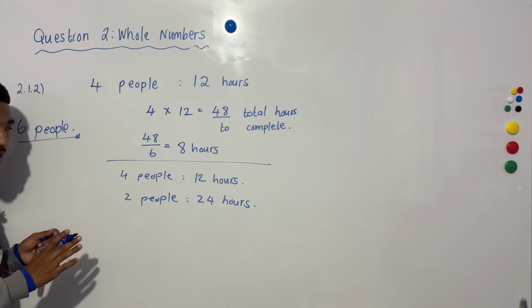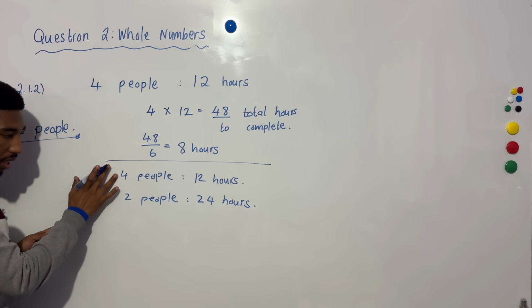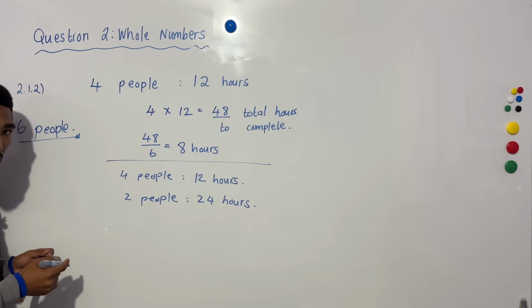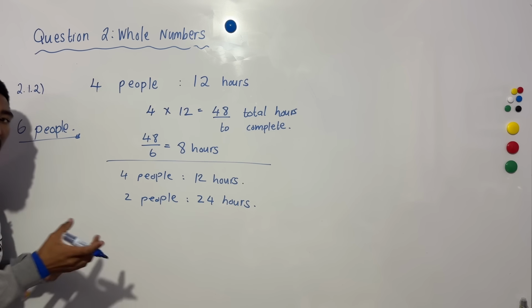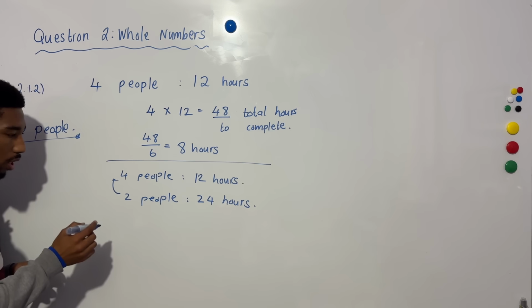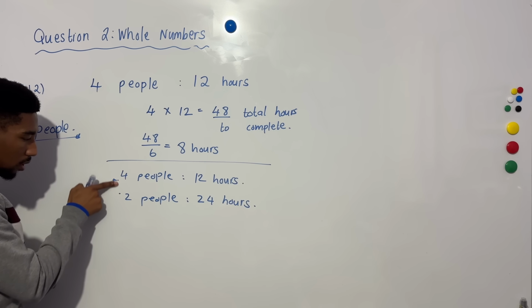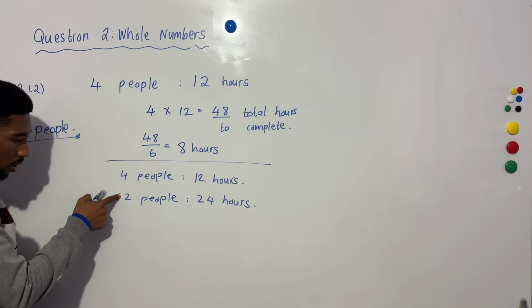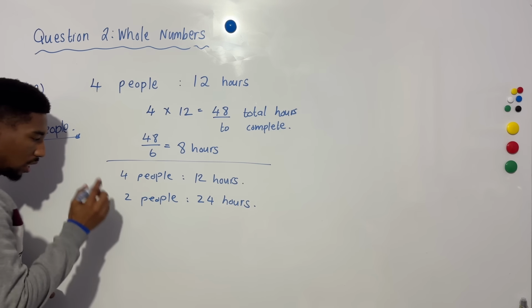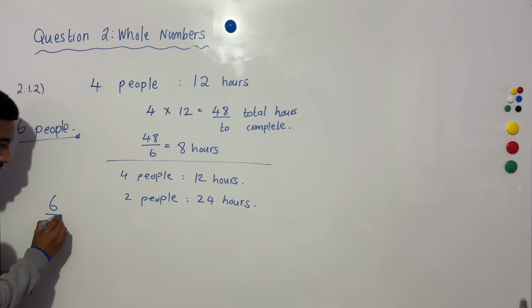Okay, because if I halve the number of people, I double the hours. Very important. Fewer people, more working time for you. Okay, so in other words, I divide it by 2 here to get for 2 people, and then I multiply on the side. Okay, now remember I'm still working with 6 people.